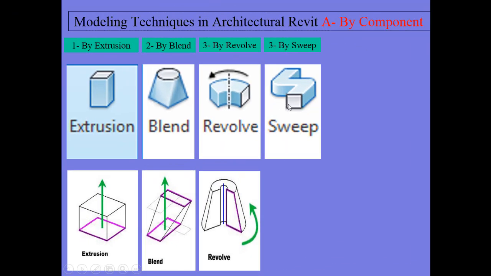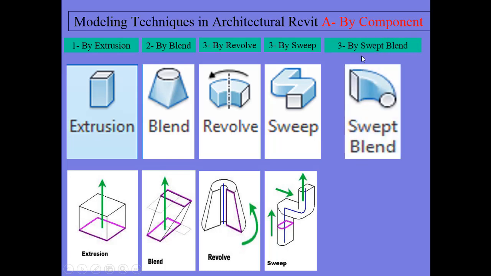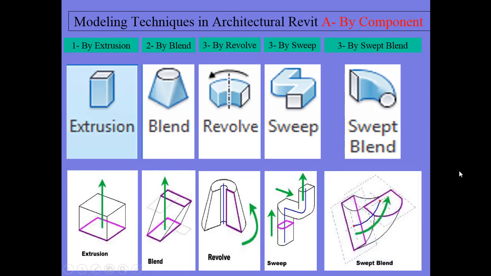By sweep, we draw a cross section and we have a path, and Revit will generate this form. Or by swept blend, we have a path with a cross section at the beginning of this path and another cross section at the end of this path, and we will make a swept blend.